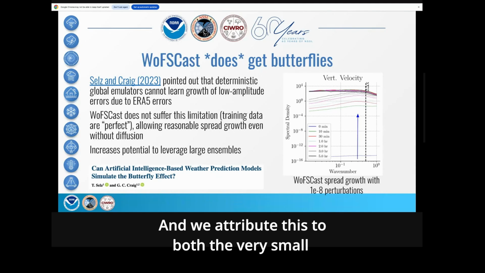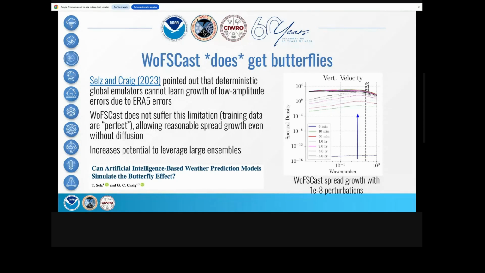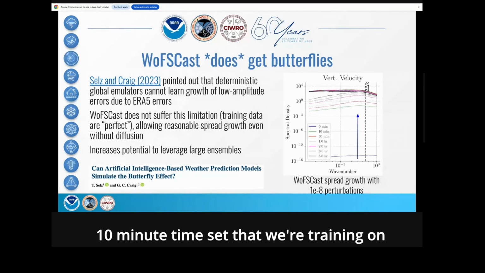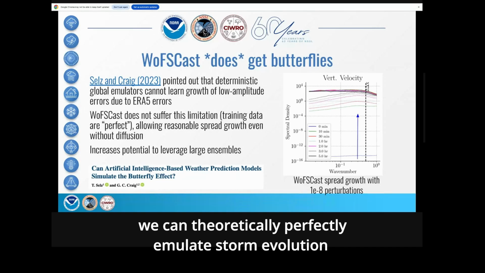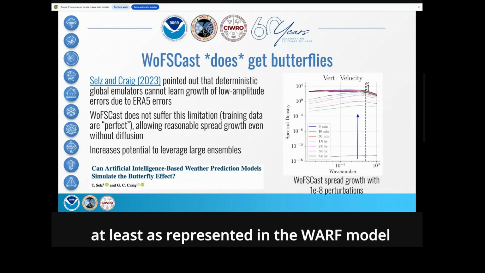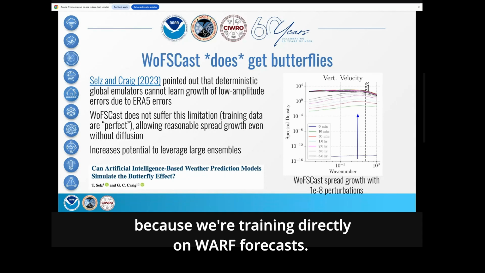We attribute this to both the very small 10-minute time step that we're training on, and perhaps more importantly, the fact that we're using forecast data that are in a sense errorless. We can theoretically perfectly emulate storm evolution, at least as represented in the WRF model, because we're training directly on WRF forecasts.